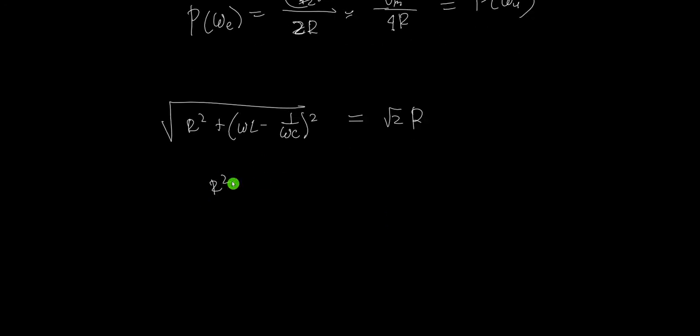We square both sides: R squared plus omega L squared minus 2 times omega L times 1 over omega C, which is just L over C, plus 1 over omega C squared. And this is equal to 2 times R squared.